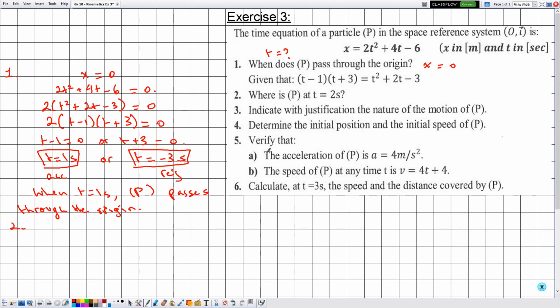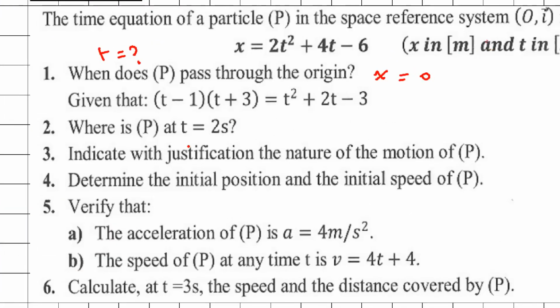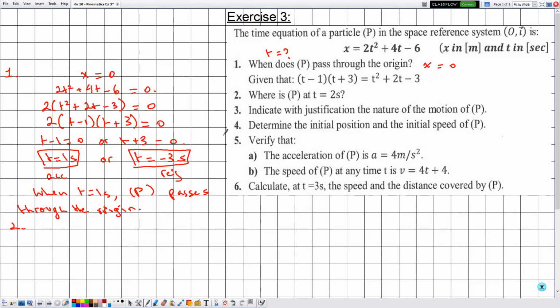Now as for number 2, where is P at t is equal to 2 seconds? So here they are giving me the time and they are asking me "where", which refers to the position. So we need to find the value of x when the value of t is 2. And this can be done by referring to the time equation of the particle P. So we know that x of t, or x for short, is given by 2t square plus 4t minus 6.